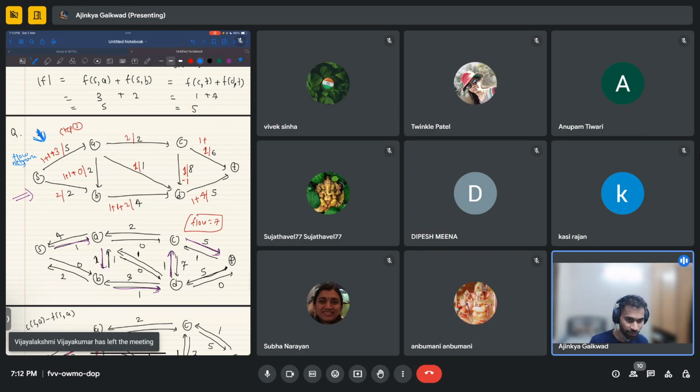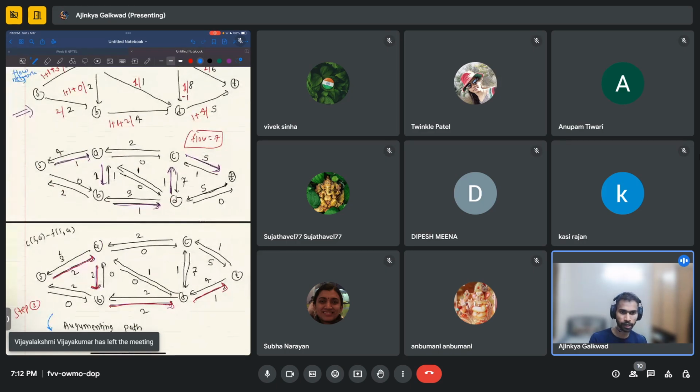The arrow direction you used, is it right or not? So the definition of residual network I explained, right? You reverse the edge and convert flow into capacity, and again you put the main edge and write capacity as capacity minus flow. So this is just a definition. You put arrows in both directions in the residual network.